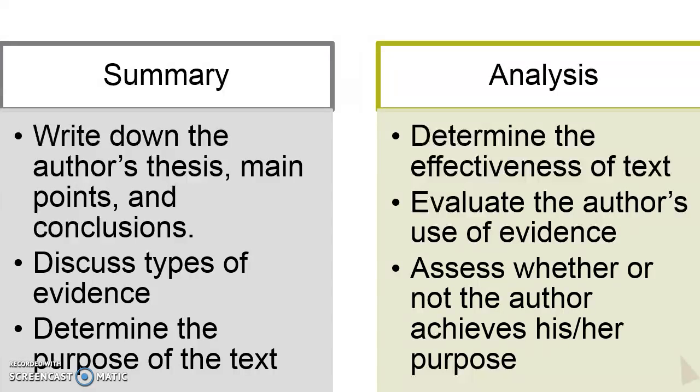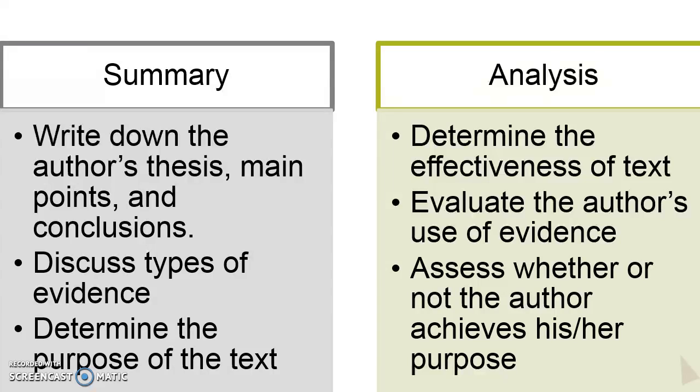Also, you want to make sure that you're putting information into your own words. I briefly mentioned earlier the difference between summary and analysis. So with summary, you are kind of just shrinking the information down, but getting the main things like the author's thesis, the main points and conclusions, not all of the detail, discussing types of evidence, determining the purpose of the text, but that's all in your own words.